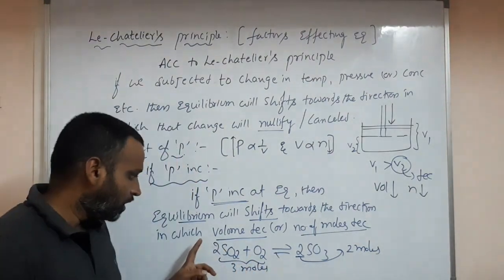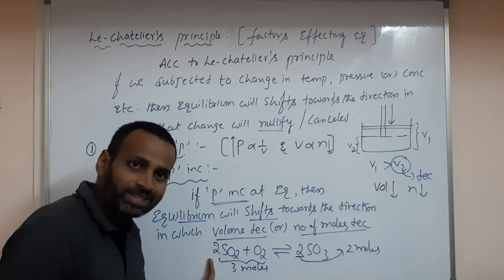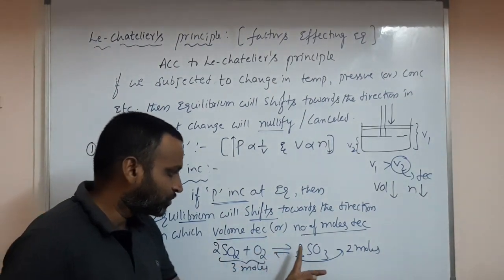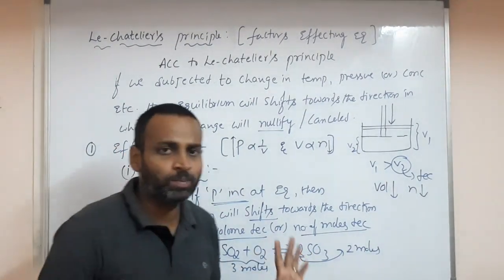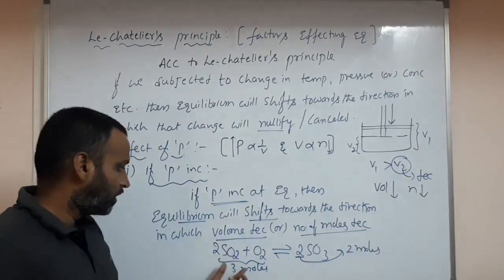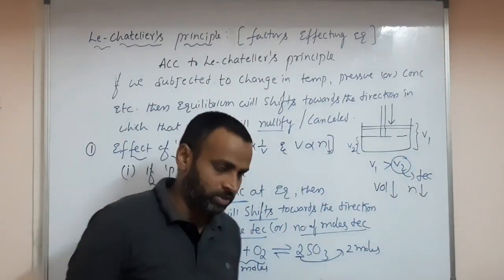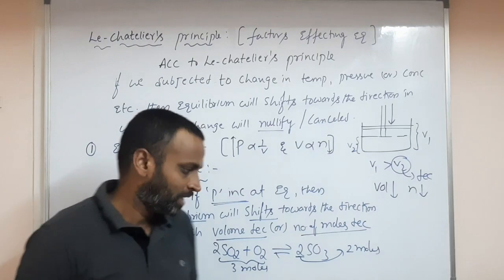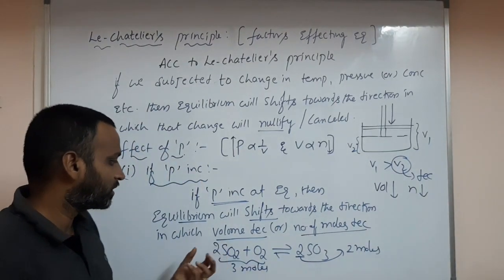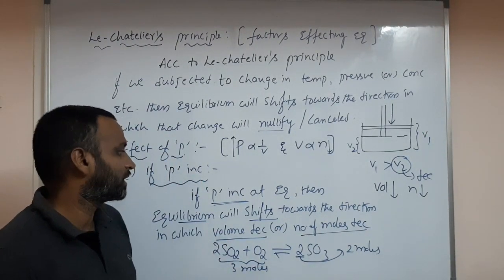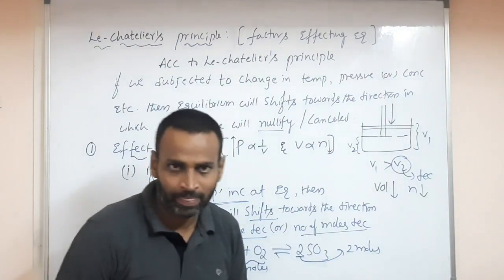To get more SO3, what pressure is required? See here, 3 moles converted to 2 moles. That means the number of moles decreased. Certainly what is required here is that volume should decrease, which means pressure should increase.